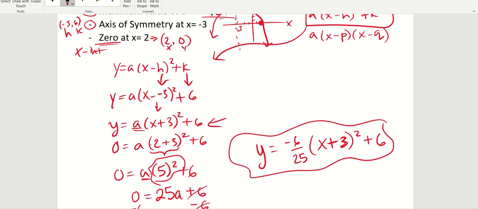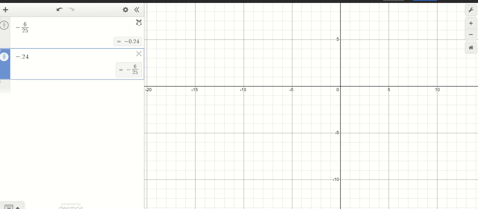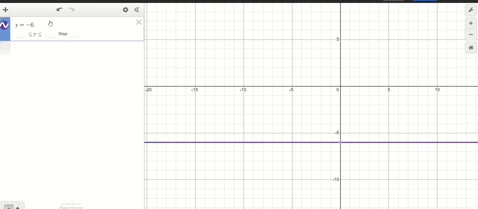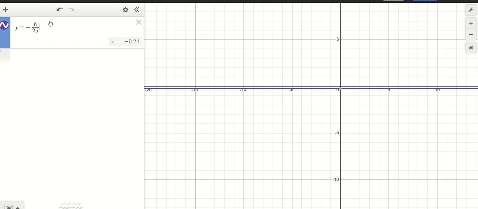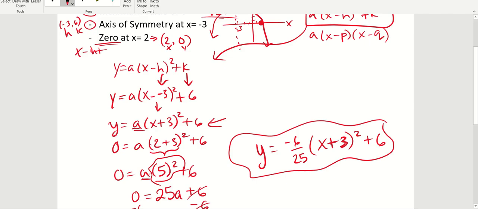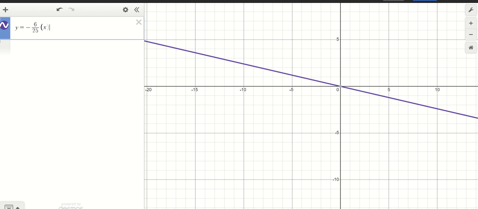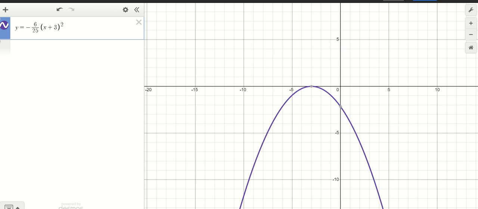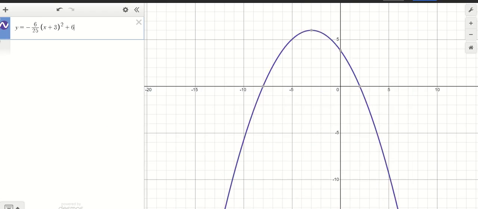I'm going to go to my online calculator, delete these two, so y equals -6 divided by 25, parentheses, x plus 3, squared, plus 6. All right, so it's definitely opening down.